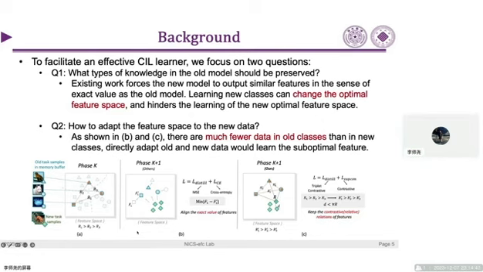Learning new classes can change the optimal feature space and hinders the learning of the new optimal feature space. Question two: how to adapt the feature space to the new data, as shown in figure B and figure C. There are much fewer data in old classes than in new classes. Directly applying the old and new data would learn a suboptimal feature map.